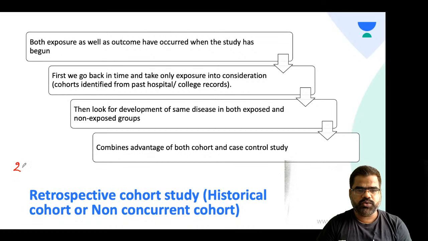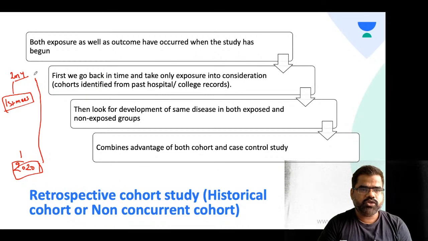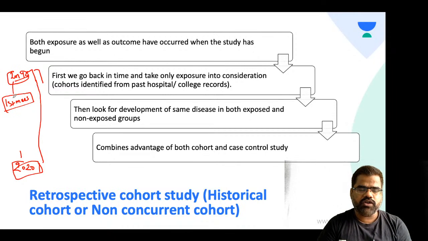Suppose we are in 2020, right, and I want to do a retrospective cohort. Now I want all first MBBS students, I want to do a follow-up, and their admission year is, for example, 2014, right? Now, where am I here? Present time. So I go back in time to 2014 and from here I start moving forward by collecting the data of all the students admitted.